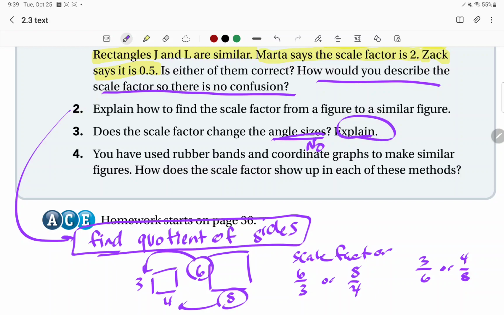And number 4, you have used rubber bands and coordinate graphs to make similar figures. How does the scale factor show up in each of these methods? Well, let's talk about the rubber bands real quick. When you had the rubber bands, right, you had this rubber band and then it was connected to this rubber band. Well, there were 2 rubber bands because you were drawing here, and it made it twice the size.